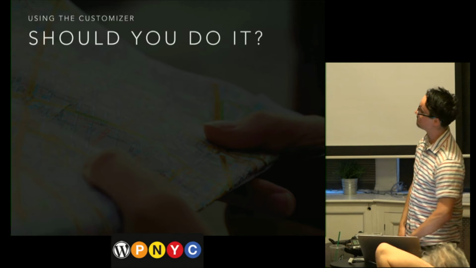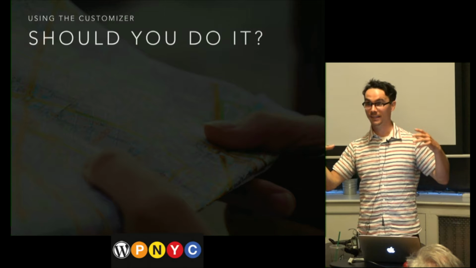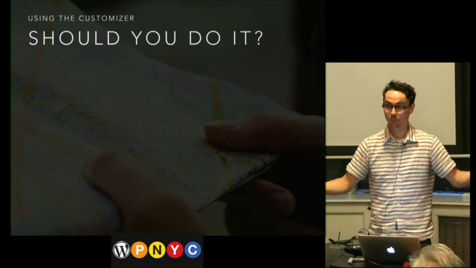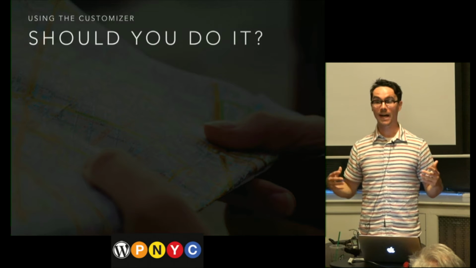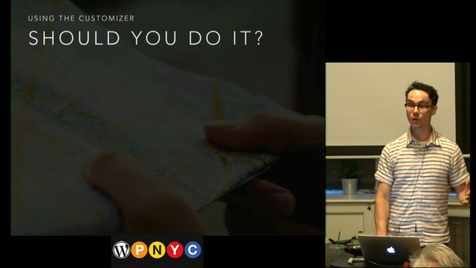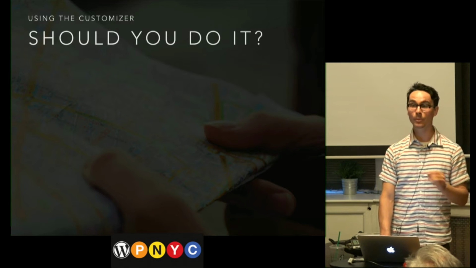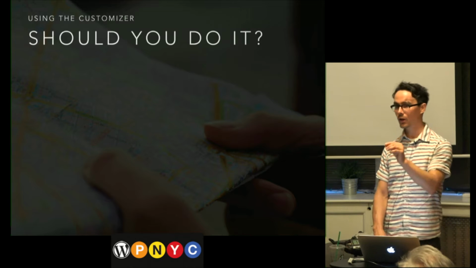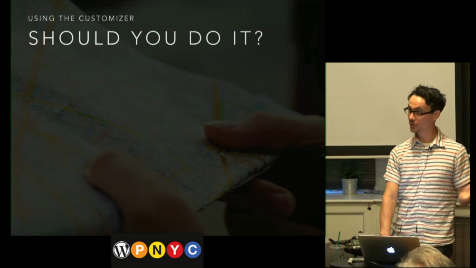So I guess before we even go into showing code examples and how to actually get this stuff working, if you're going to build a theme, I think we should all step back and ask ourselves, should we even do this, right? Because as Steve was just saying, every line of code is a liability. Every line of code that's on your website has a potential for a security vulnerability.